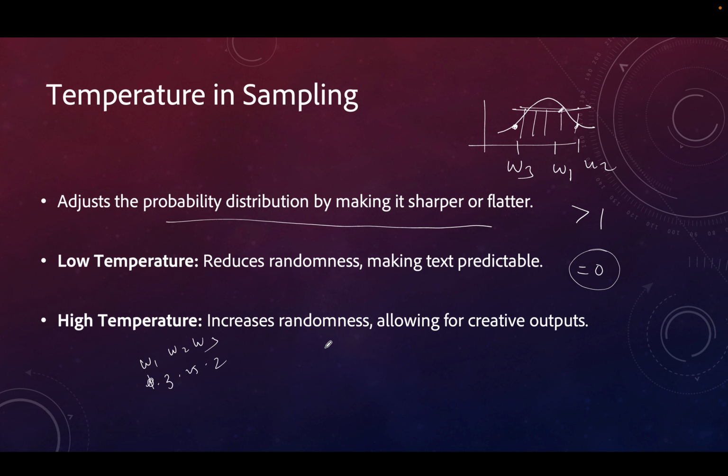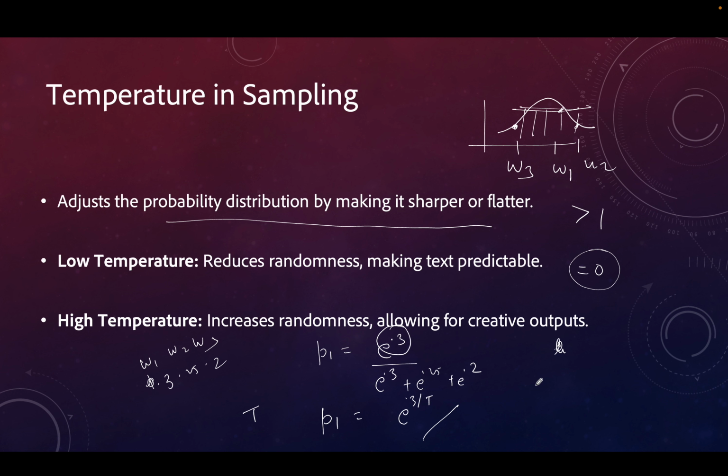So if temperature is not used, we calculated that P1 was e raised to the power 0.3 divided by e^0.3 plus e^0.25 plus e^0.2. But if we have a temperature T, then P1 will be calculated like e raised to the power of 0.3 divided by T, and it will be divided to all the logits. So whatever is the logit, we divide by T.